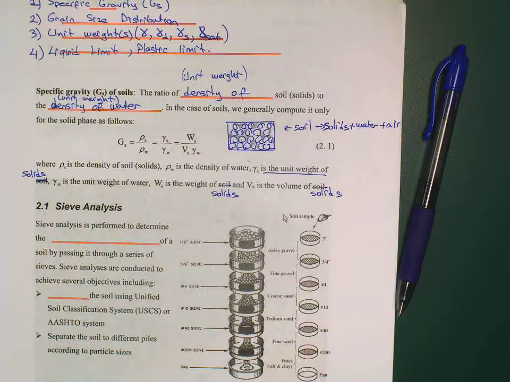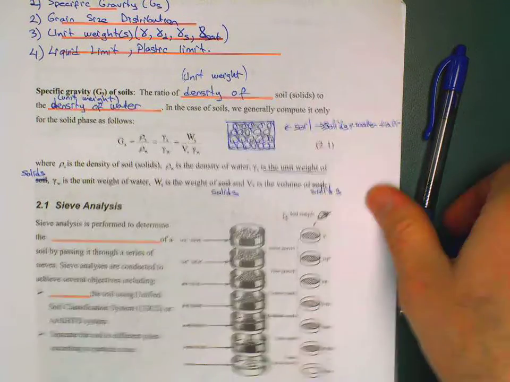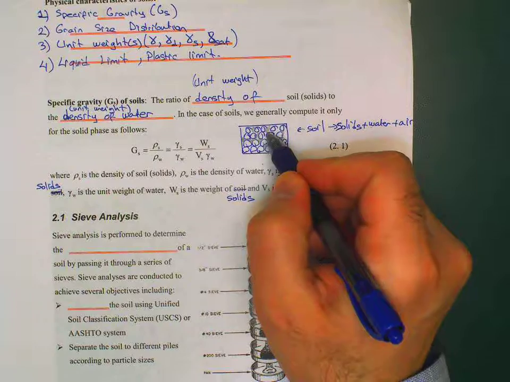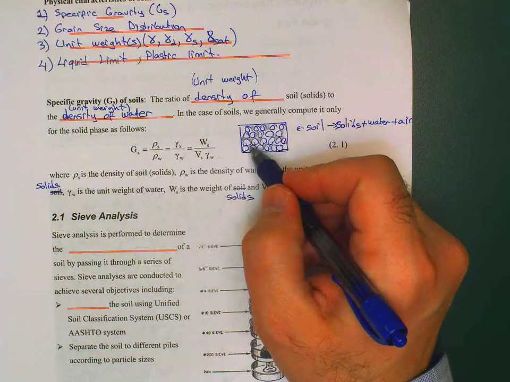So if you remember from 337, if you have taken it, there were many things. There is the asphalt, there is the absorbed asphalt, there are the aggregates, there is the air, there's a whole bunch of things. But in soil mechanics, in geotechnical engineering, when we say soil, we mean solid particles, water, and the air.